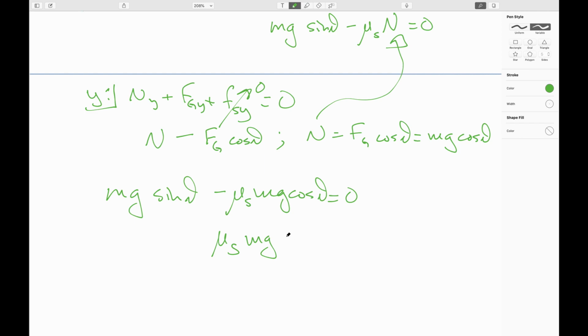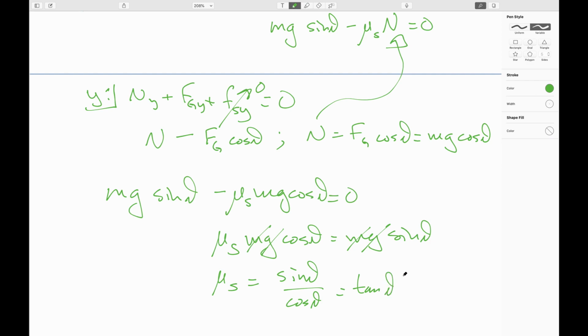So here we'll have mu s mg cosine theta equals mg sine theta. I can divide both sides by m and g, and they cancel out. Divide both sides by cosine theta, I get mu s equals sine theta over cosine theta equals the tangent of theta.